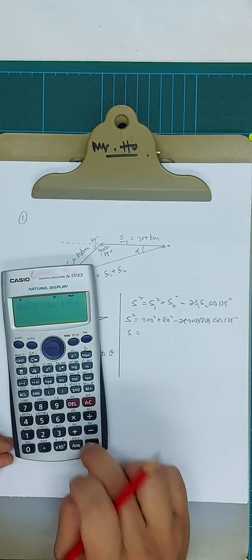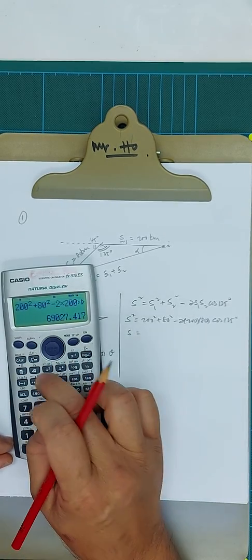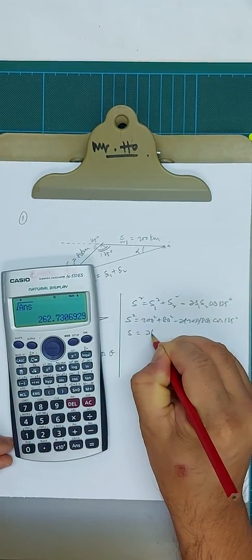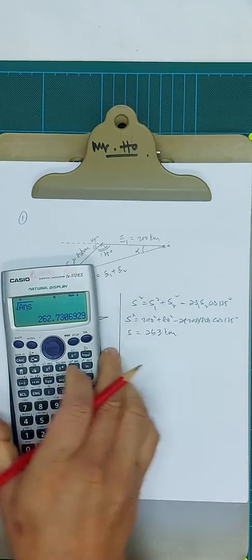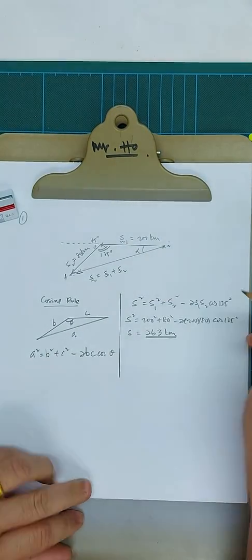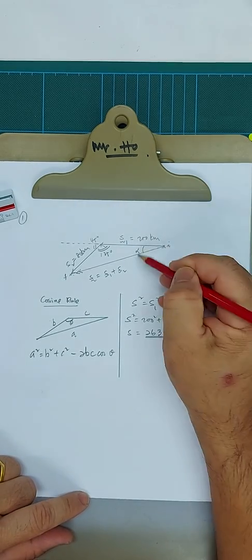Then we square root the whole thing, and we get 263 kilometers. That is the magnitude, and the direction will be alpha.